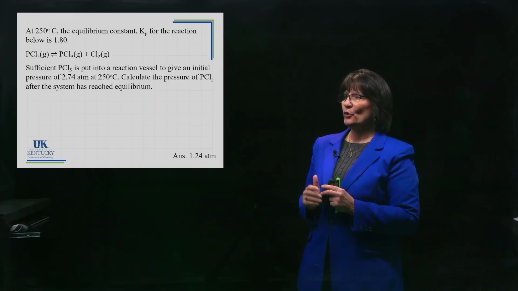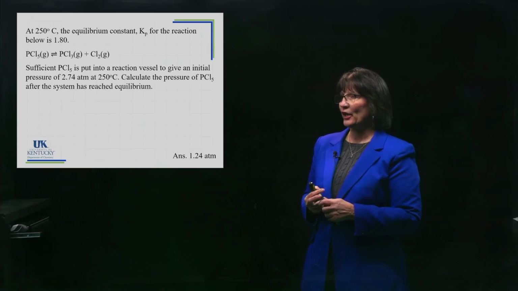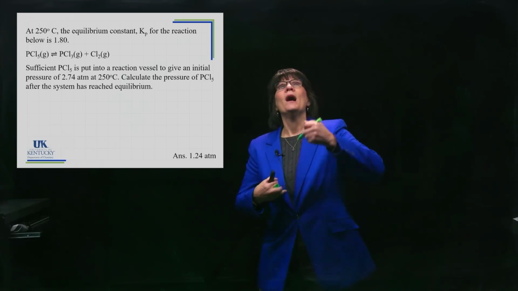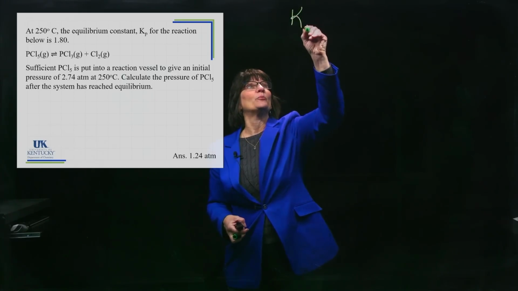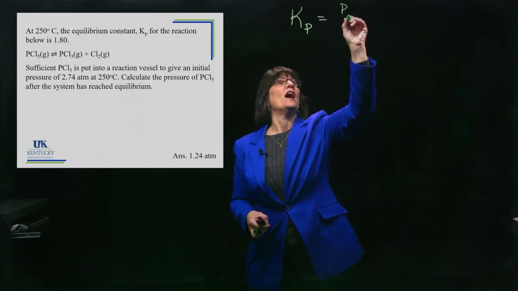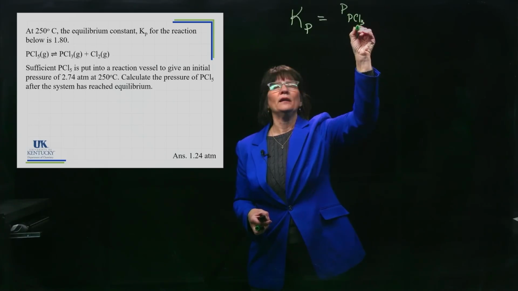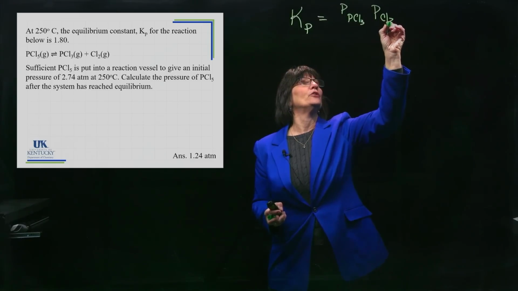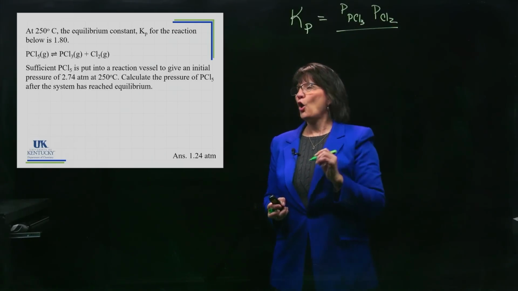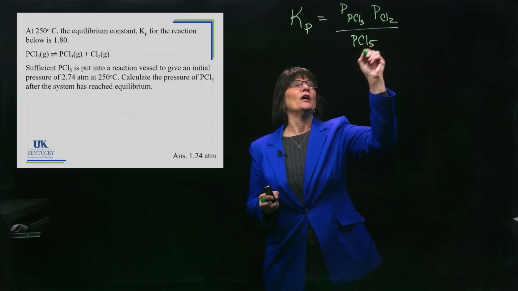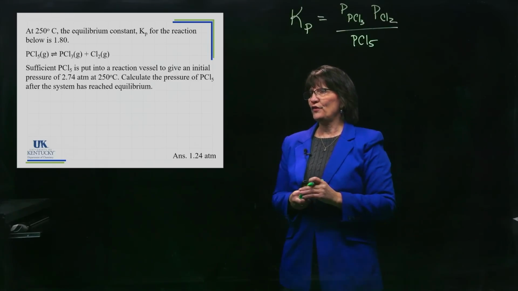Notice here I'm giving you a K value, a KP value of 1.80. Now if I'm given a KP value, I like to go ahead and write the expression. Kp would be the pressure of PCl3 times the pressure of Cl2, products over reactants, over the pressure of PCl5, and they're all raised to the power of their coefficients.